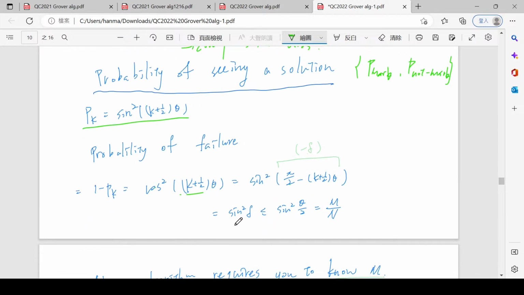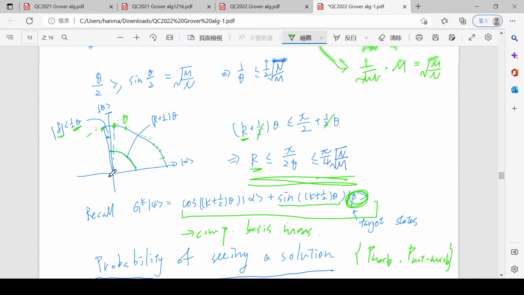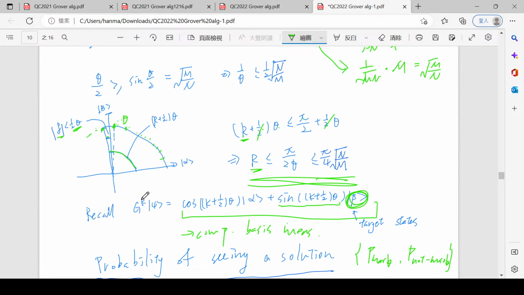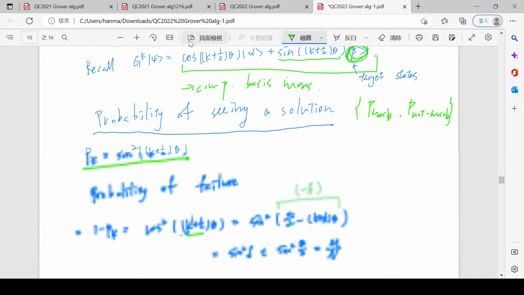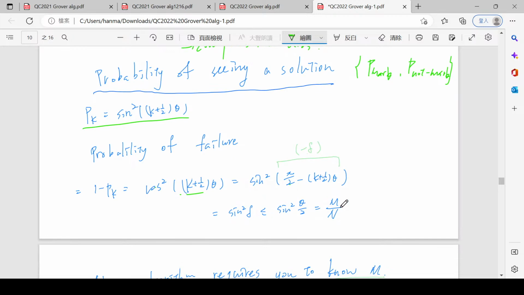Then sine square of negative delta equals sine square of delta. Anyway, the thing we actually want to say is this, so let me highlight it because we use this quite a few times. We want to bound delta with theta over 2. So this is less than sine square theta over 2, and we know what sine square theta over 2 is: m over n.